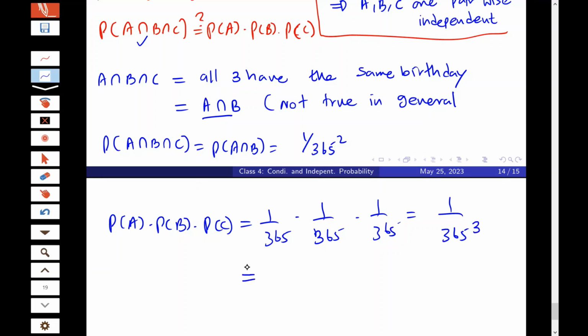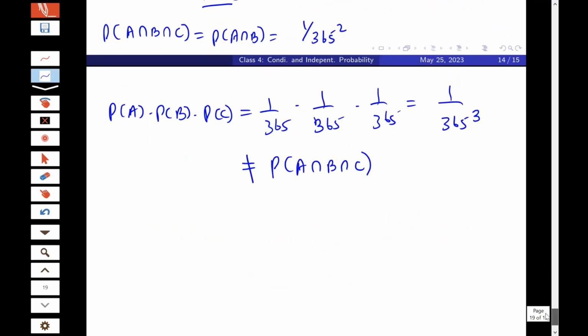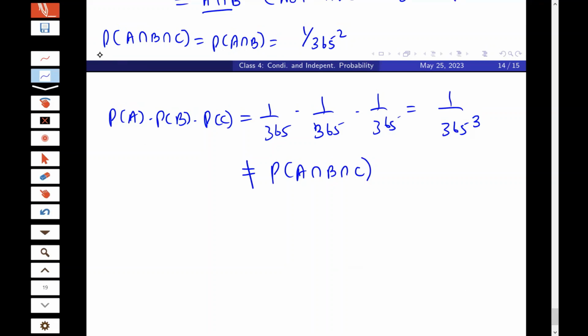You are multiplying it three times, which is not equal to the probability of A intersection B intersection C, because that is only 1/365 squared. So this implies A, B, and C are not mutually independent.